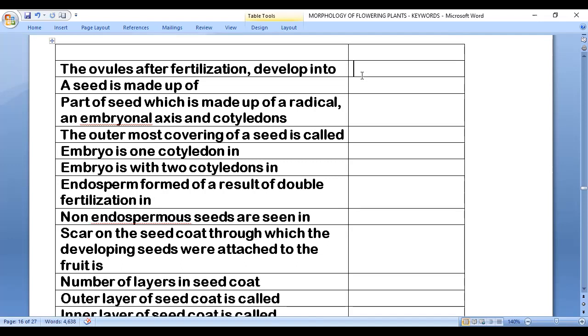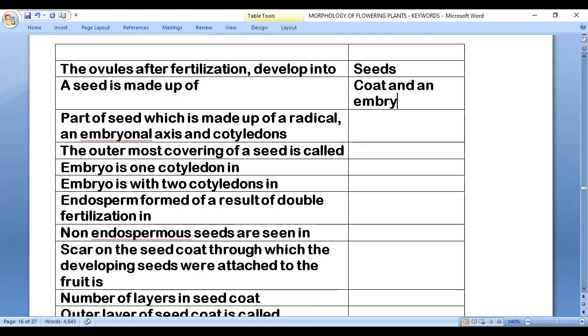Seed. The ovules after fertilization develop into seeds. A seed is made up of a seed coat and an embryo. The part of the seed which is made up of the radicle, embryonal axis, and cotyledons is the embryo. The outermost covering of a seed is called the seed coat.